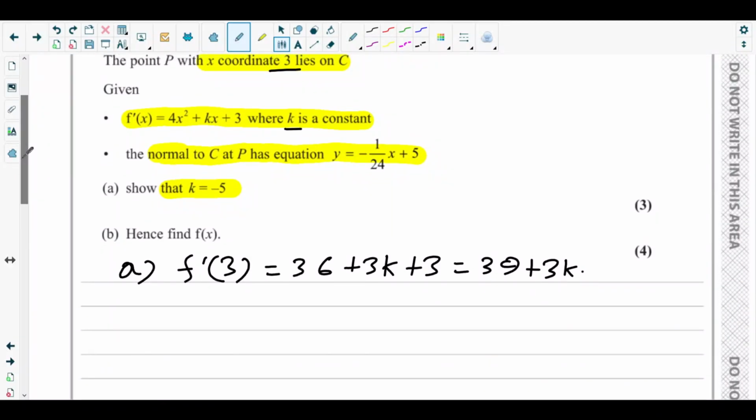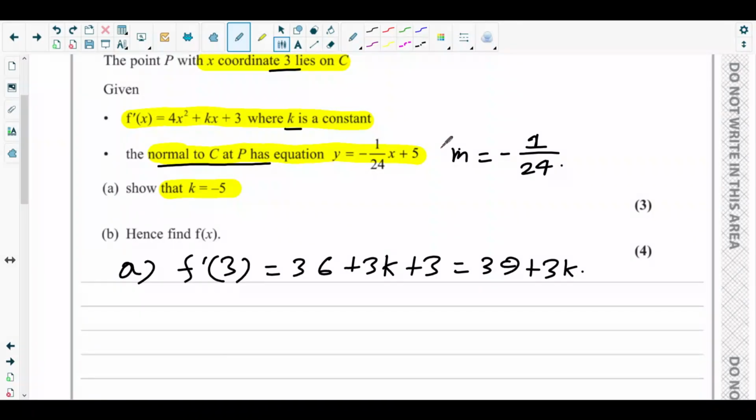Now we know the equation of the normal to the curve C at point P, which is y equals negative 1 over 24 x plus 5. So the gradient of this normal is negative 1 over 24. And the tangent is perpendicular to the normal, right?